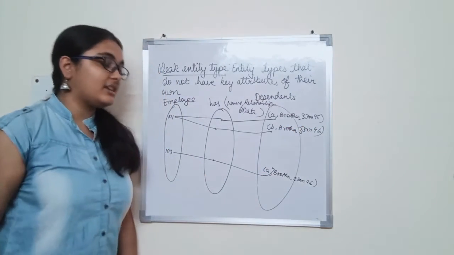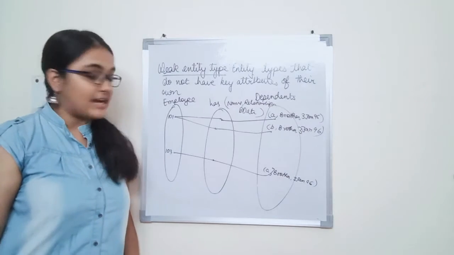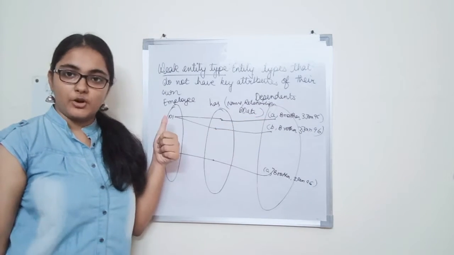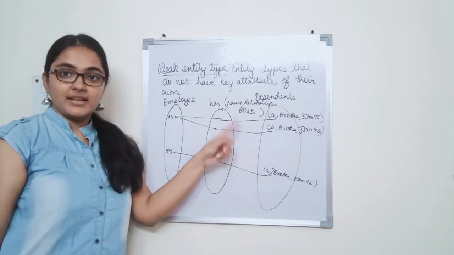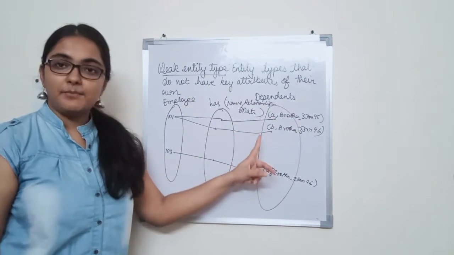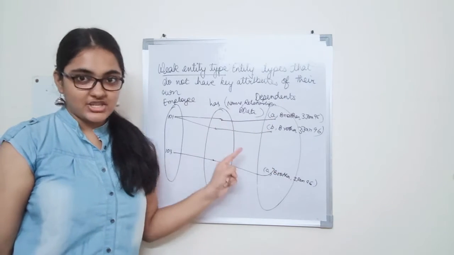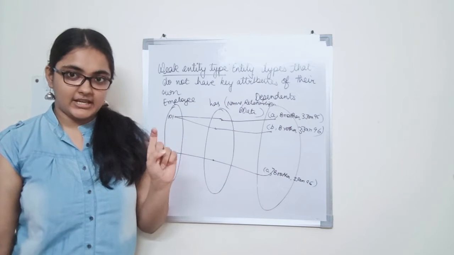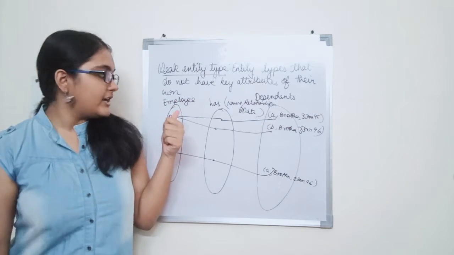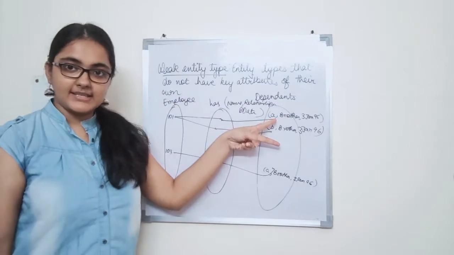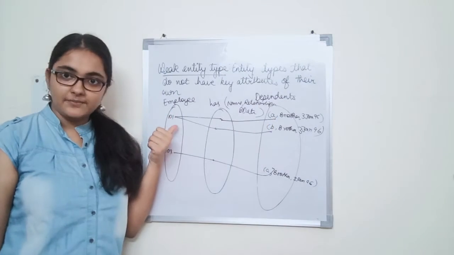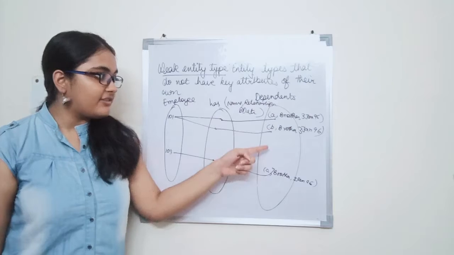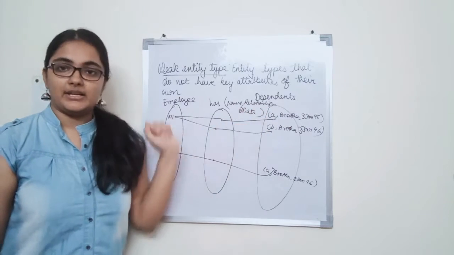Now if the requirement says that there cannot exist two dependents of the same employee with the same name, then name can be called the partial key. Why? A partial key is the set of attributes used to uniquely identify weak entities related to the same owner entity. So these two weak entities are related to the same owner entity, and the name attribute is used to uniquely identify these two entities.